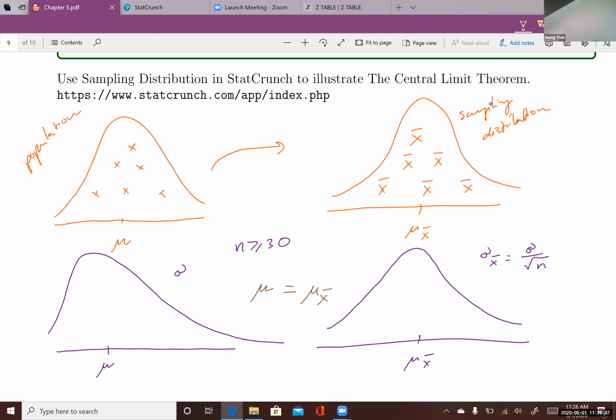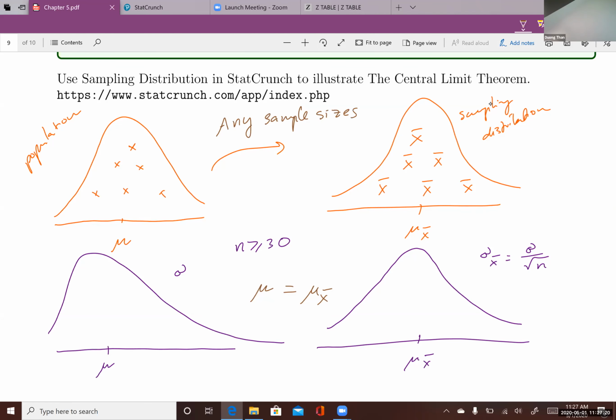One thing you want to keep in mind is if your population is normally distributed, then it doesn't matter what the size of the sample is. The sampling distribution always approximates a normal distribution, for any sample size.